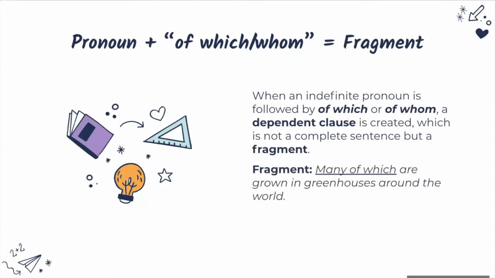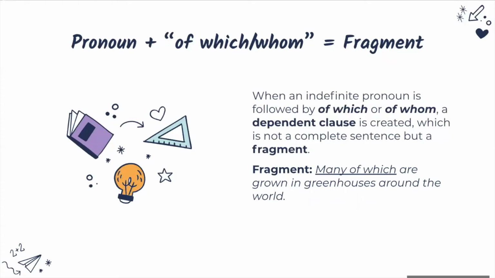So I have a few fragments here. One of them says, many of which are grown in greenhouses around the world. In this case, we see that of which is following many, which is a group pronoun. And because there is this of which, this phrase is considered a fragment.